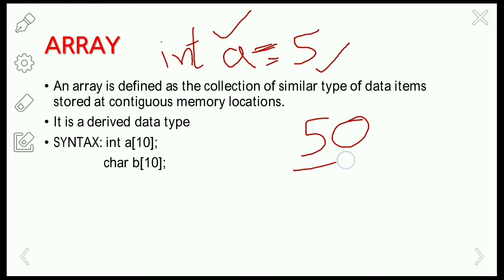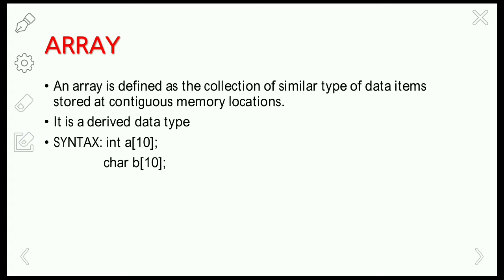Like from a to z, we have to initialize multiple variables here. Let us suppose that I want to store ages of 100 persons. Then it will be difficult to initialize 100 variables for storing the ages of 100 persons, right?